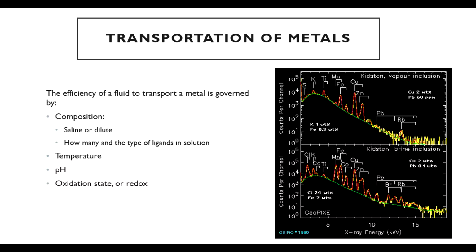It can also be linked in various ways to how reactions are changing pH or oxidation state, because those ligands will change their form, and therefore how the metals bond with them will vary, and therefore you can either change the solubility or you can deposit the material out. So it's a double-edged sword in terms of how it operates. It can get quite complex, but the main thing at this stage is to realise why these things matter.